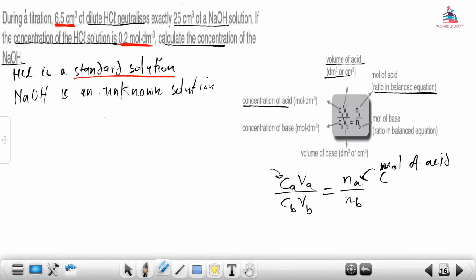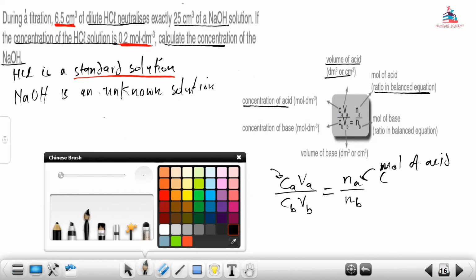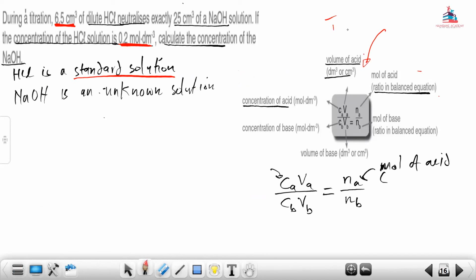Now, the only thing that I can use here is what we call the titration equation.